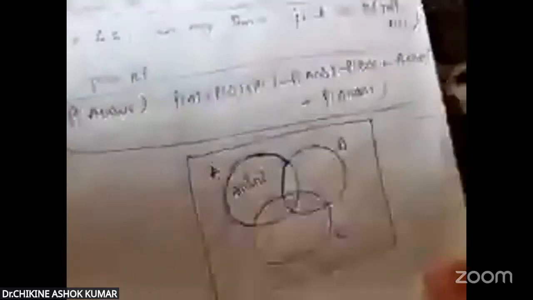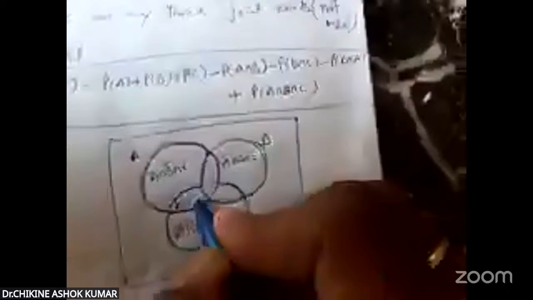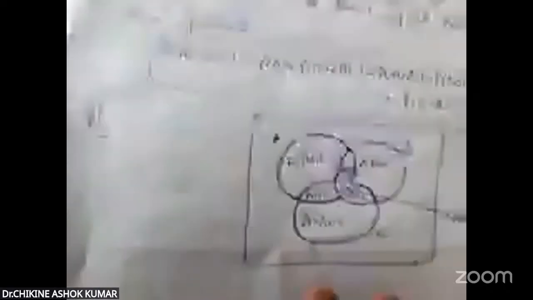This part indicates only A. That is A intersection B bar intersection C bar, and this is only B. That is A bar intersection B intersection C bar, and this is only C. This is A bar intersection B bar intersection C, and these are the combinations of two: this is A intersection C, this is A intersection B, and this is B intersection C, and this part is the combined three intersections, A intersection B intersection C part.